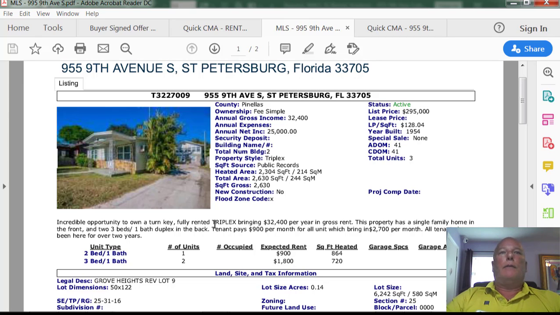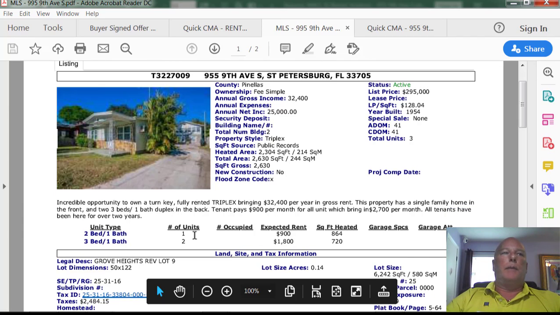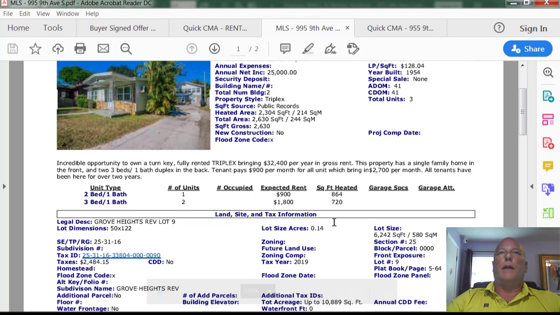So anyway, fully rented triplex, bringing $32,000 a year. I'll show you what that is. Single family home up front, and then 3 beds, 1 bath duplex in the back. So each side has 3 bedroom, 1 bath. And here's where they break down what it is per month that they're getting. So they're getting $2,700 a month in rent.